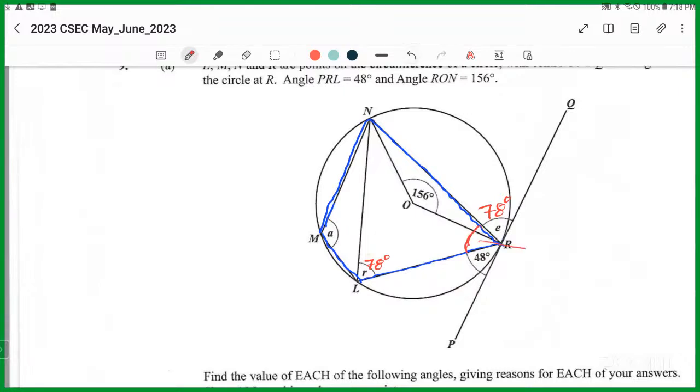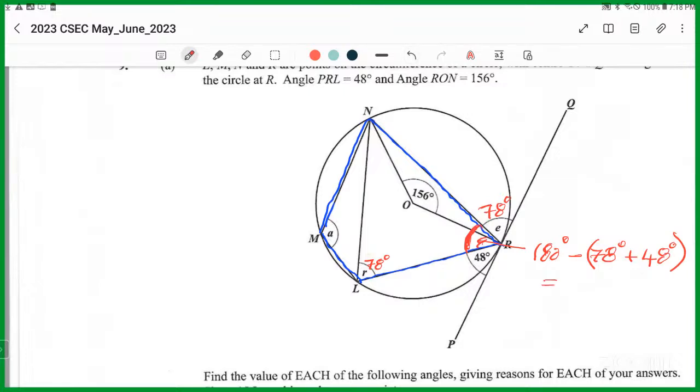So this one in here is going to be 180 degrees minus 78 and 48. Why is that? Somebody can tell me why this angle inside here is 180 minus 78 and 48. Why? Angles on a straight line.